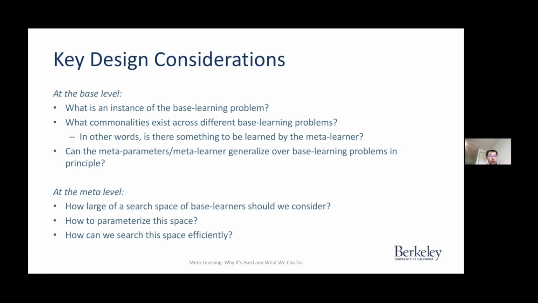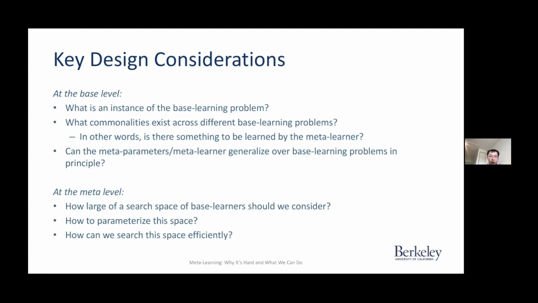This is essentially thinking about whether there is something to be learned by the meta learner. You can certainly come up with examples where there is just no regularity across the different things that you want to learn across the different base learning problems. Obviously, trying to formulate a meta learning problem in that context is not going to be very useful.